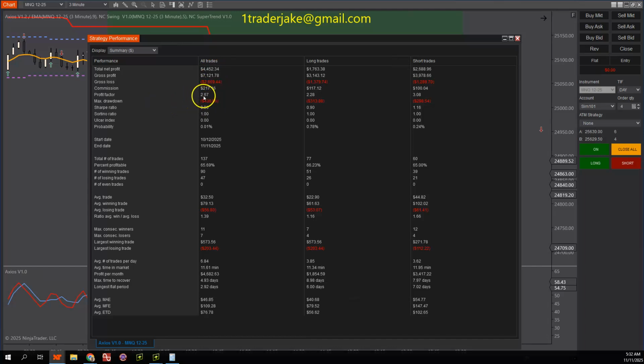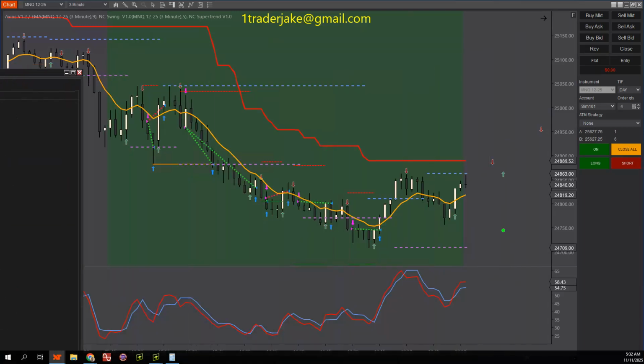Profit factor is a little lower, 2.67, also still amazing. We did increase our trades to 137, 66% win rate almost. Average time in market, a little bit longer because of the runner. So now we have 11 minutes, almost 12 minutes, because that runner is going to equal some more time in the market here on average.